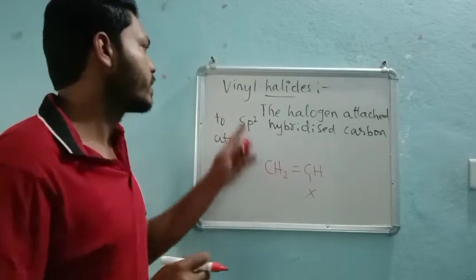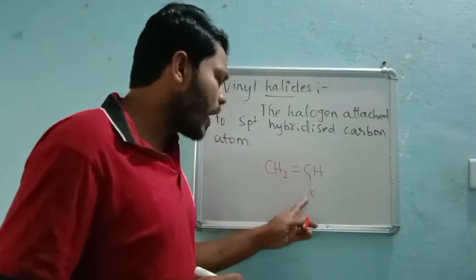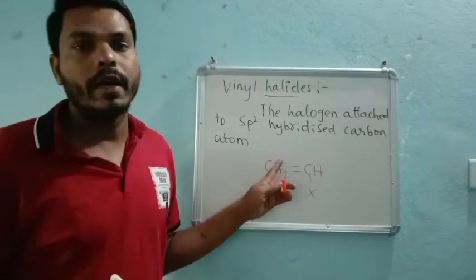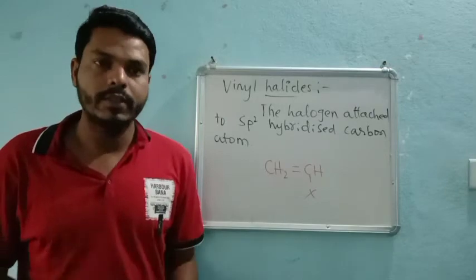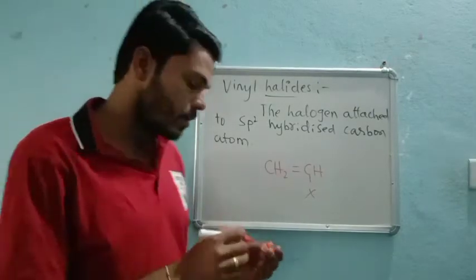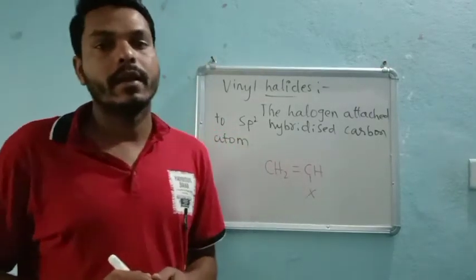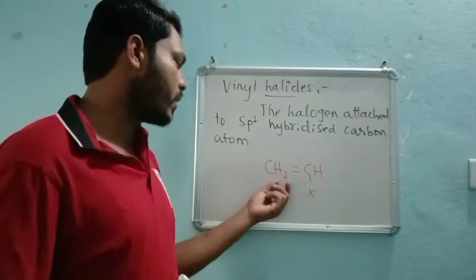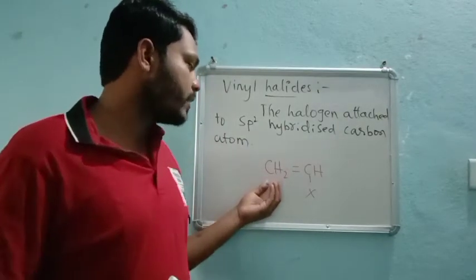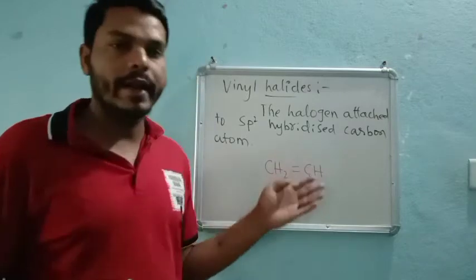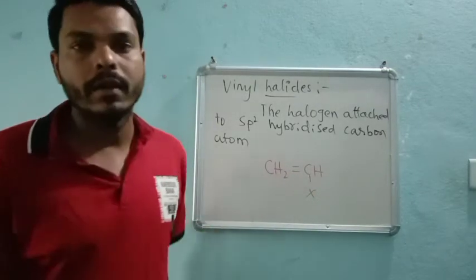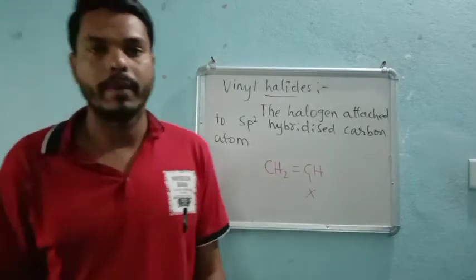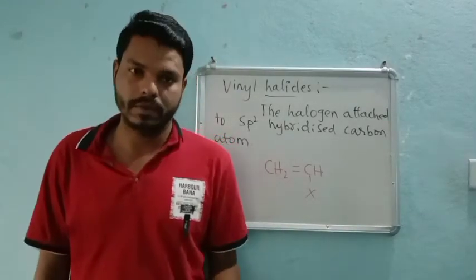But the condition is that the halogen must attach directly to an sp2 hybridized carbon atom. Such halides are called vinyl halides, right? Very important. So in vinyl halides, our halogen is directly attached to sp2 hybridized carbon atoms.